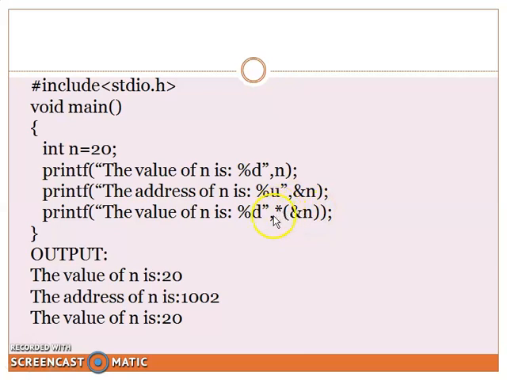This referential operator refers to that particular address in the memory location, and then the content available in that address is returned. That particular value is printed in this statement. You see the first line returns the actual value of that variable, 20 here. The second line returns the address of that variable, 1002.